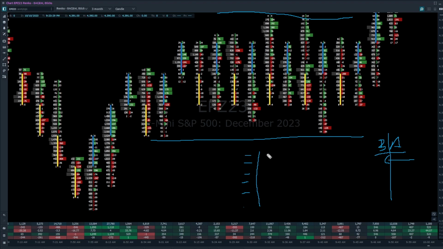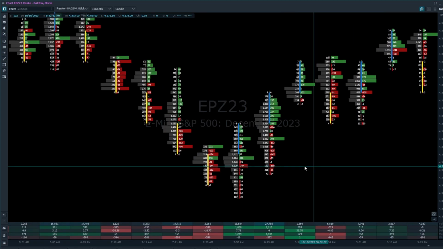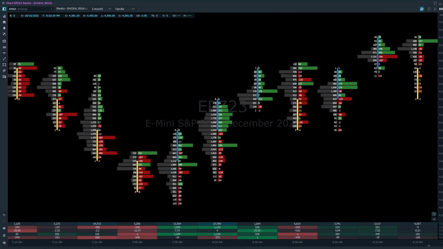You can look at regular footprints as well, but for me, I feel like this kind of does the math for me already. So for example, if we were to study one of these, let's pick this one here, right in here. What we're looking at on the left is all the volume that was traded by price.